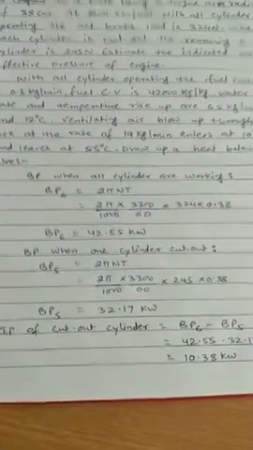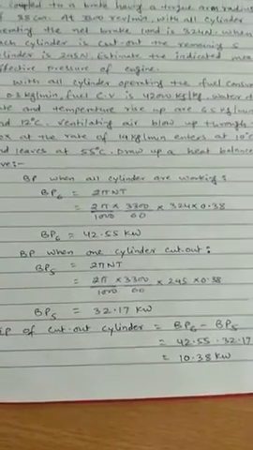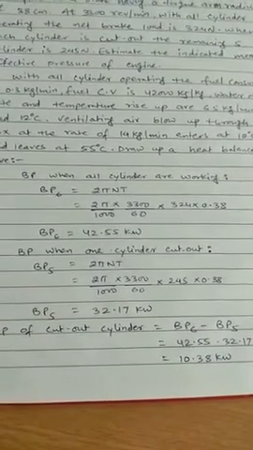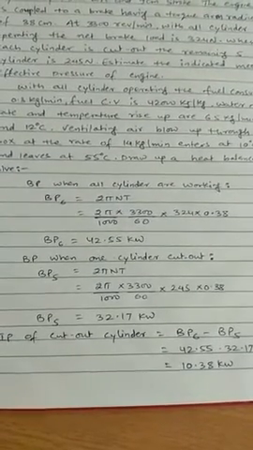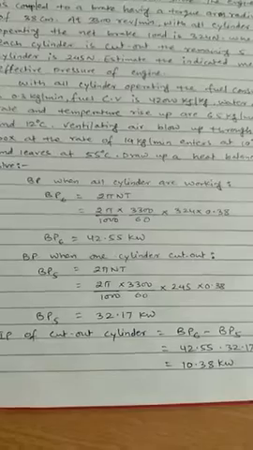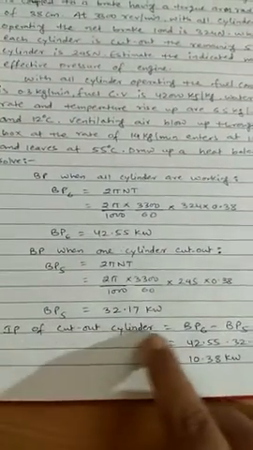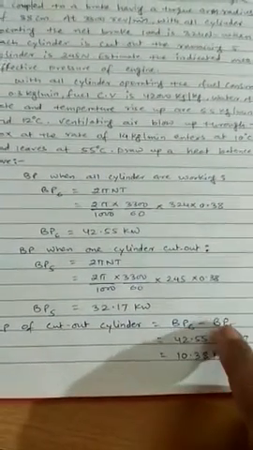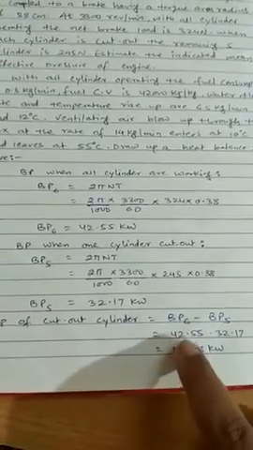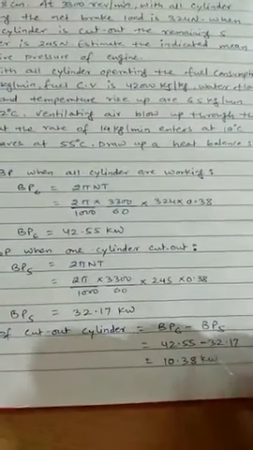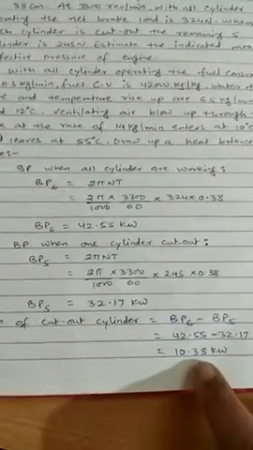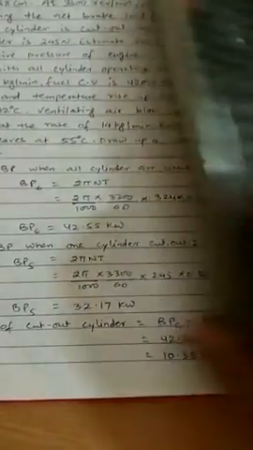After that, we find the IP of the cutoff cylinder. When one cylinder is not running, this value is the IP of one cylinder. So IP of cutoff cylinder is equal to BP of 6 cylinders minus BP of 5 cylinders. Putting both values, the IP of the cutoff cylinder is 10.38 kilowatt.